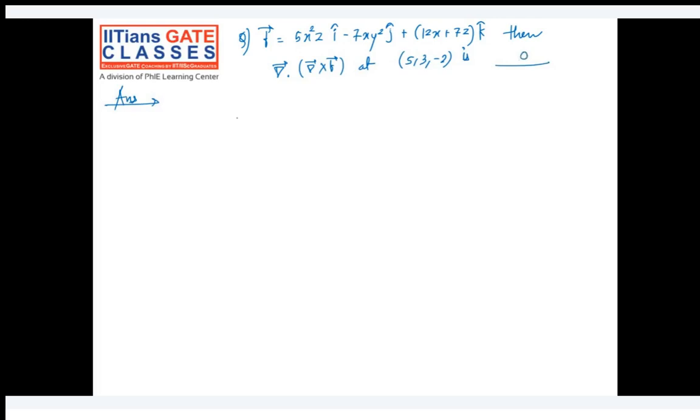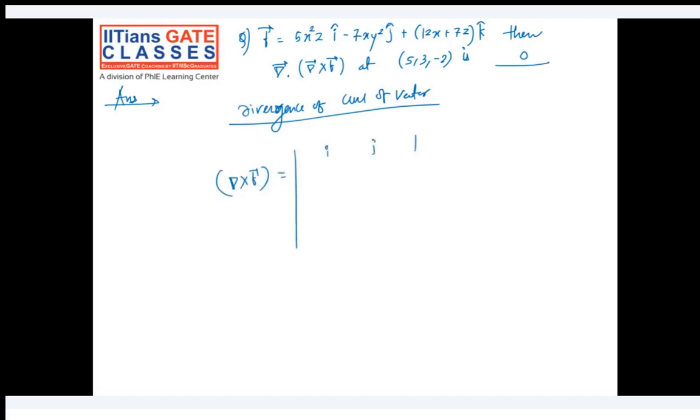Del cross f bar, first calculate it, which is i j k, dou by dou x, dou by dou y, dou by dou z, and it is 5x square z, minus 7x y square, 12x plus 7z.